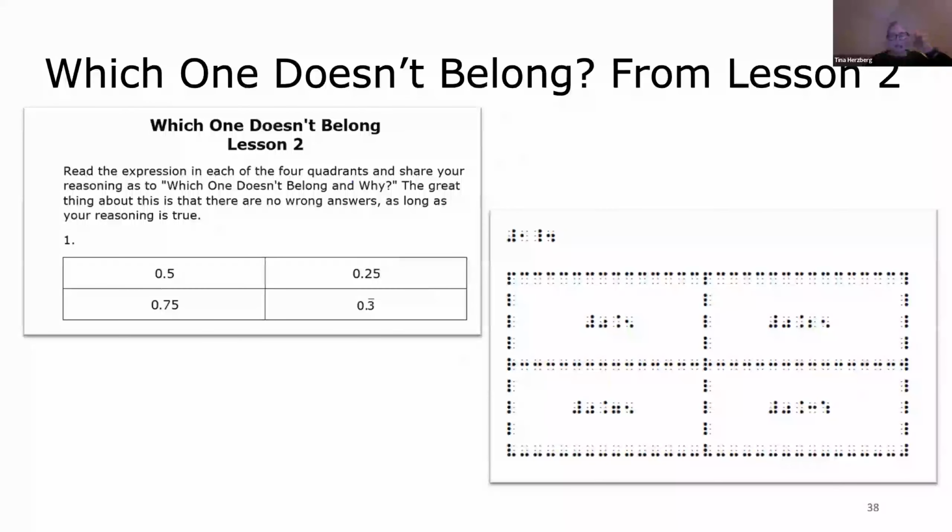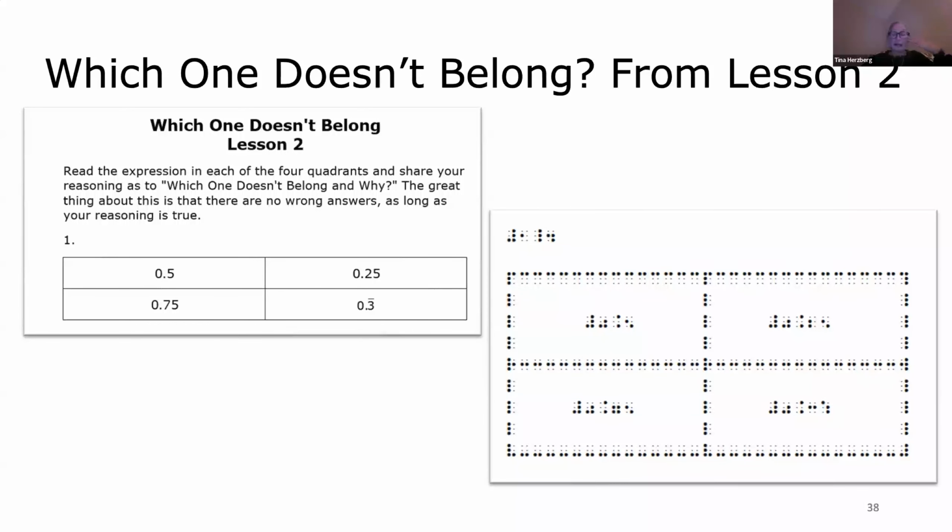So this was actually one of our favorite activities. I'm noticing that I think everybody has access to the chat. So, which one doesn't belong? This is from lesson 2. This was pretty much for middle schoolers, but we started off the first week really reviewing some of the symbols to make sure that we were all in the same place.